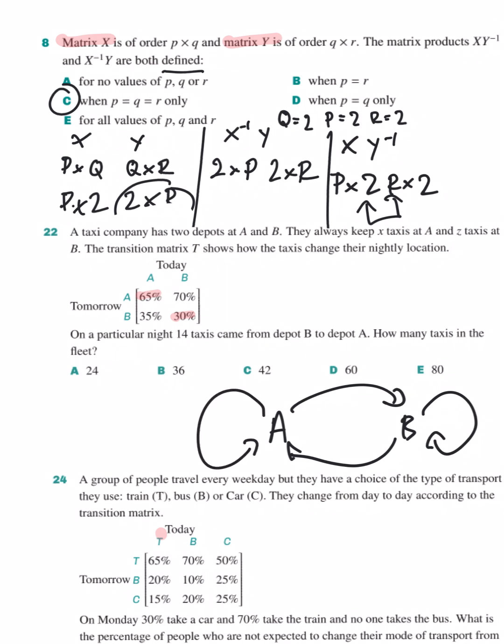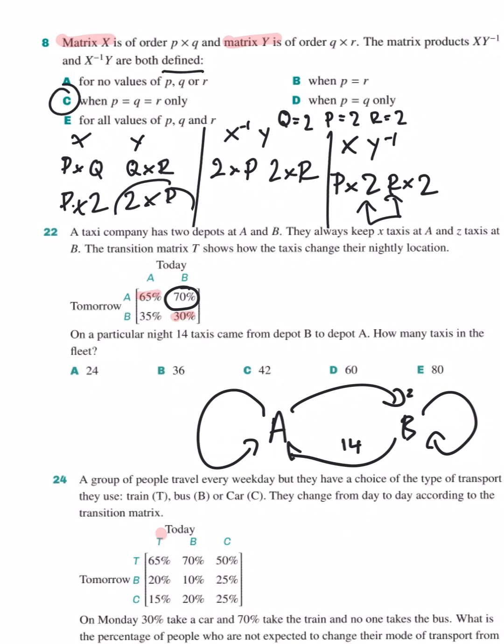What this question's saying is that B is giving 14 taxis. We don't know how many are at B; it says that B has Z taxis. But we know the percentage from B to A is this 70%.